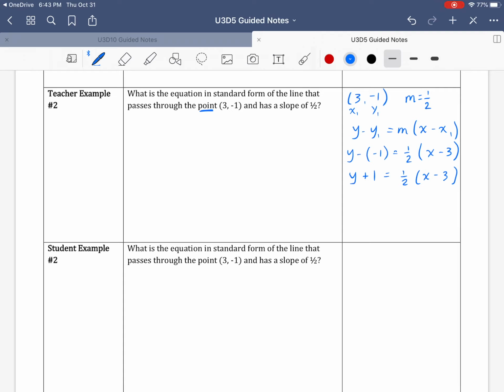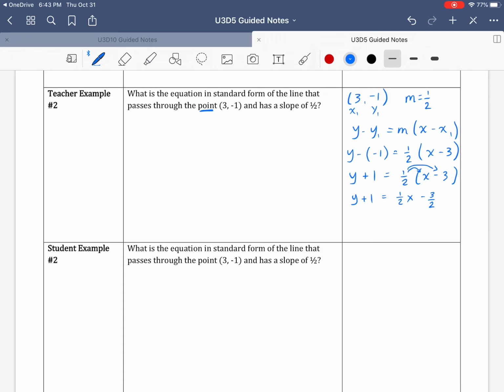Now it's just a long process of converting it into standard form. So the first thing that I'm going to do is distribute my 1/2. y plus 1 equals 1/2 x minus 3 over 2.